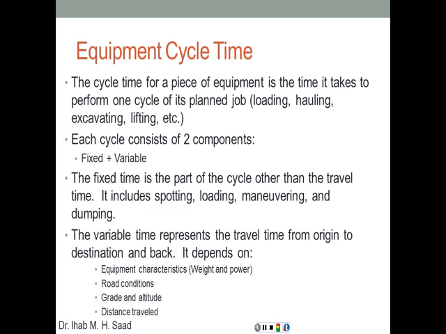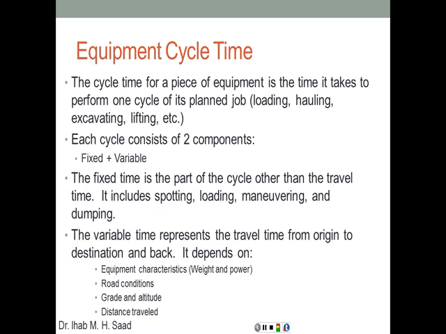Whereas traveling back and forth, this is the hauling part of the cycle time, which is going to be part of the variable time. So the variable time represents the travel time from origin to destination and back, and it depends on equipment characteristics like the weight and the engine power of that equipment, the road conditions, whether it's flat or bumpy, whether it's uphill or downhill, what kind of soil it is rolling on, grade and altitude.